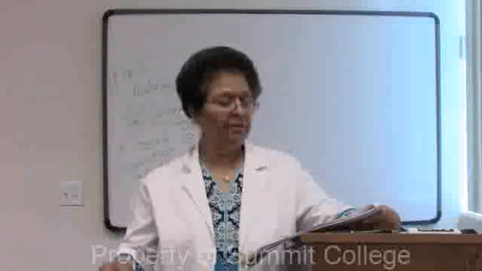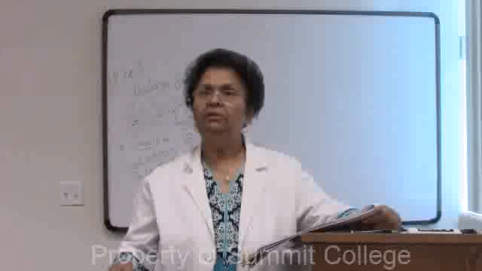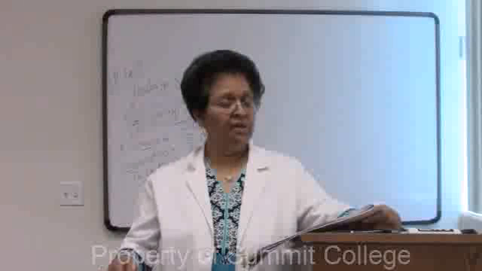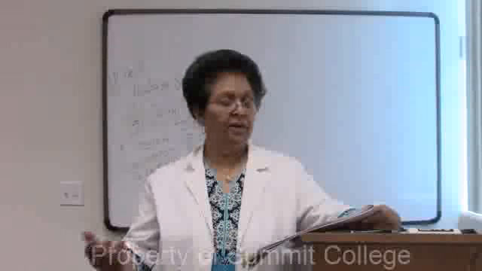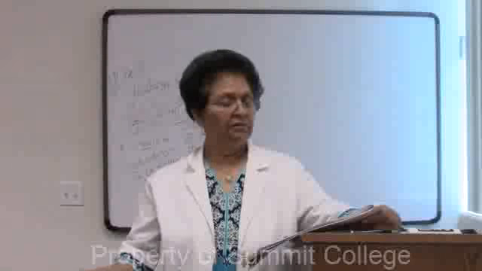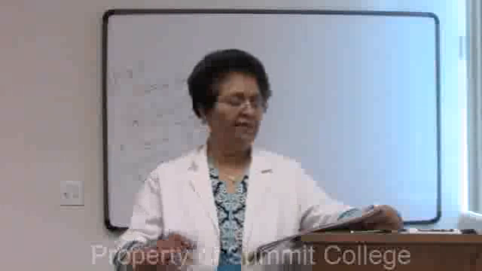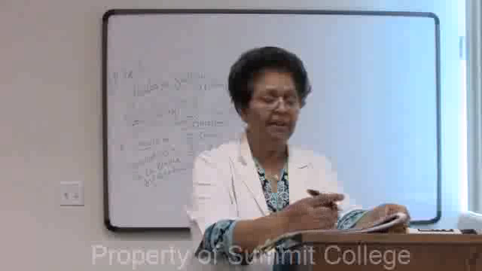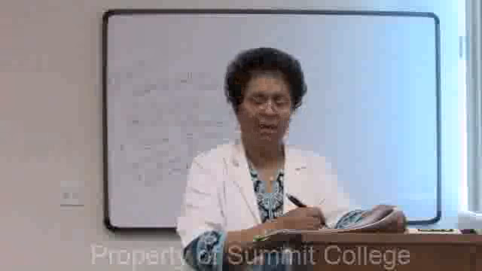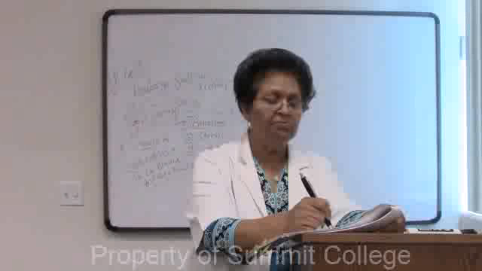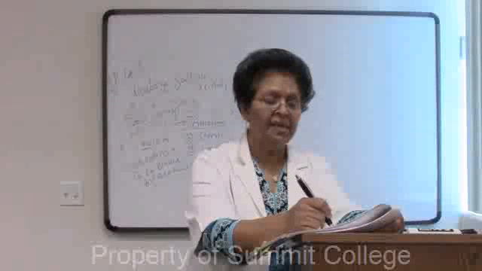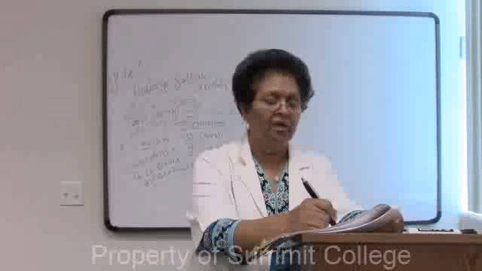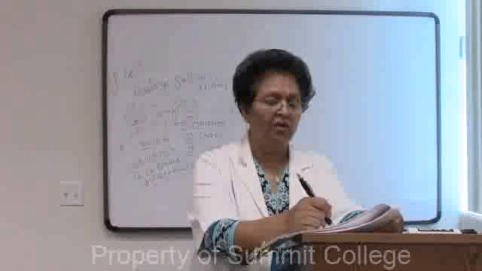Blurry vision, dry mouth, urinary retention, and constipation. Contraindicated with glaucoma patients. All your anticholinergic medications, don't give if they have glaucoma. Give them 30 minutes before AC, HS, or 2 hours after PC.